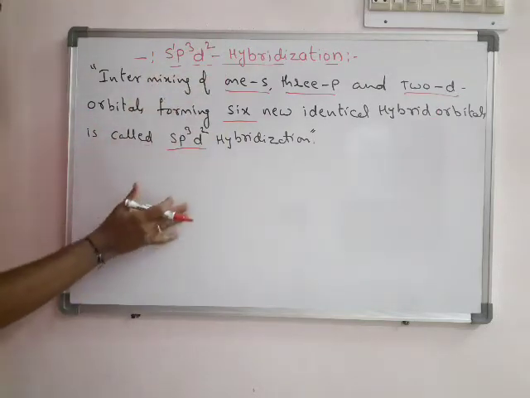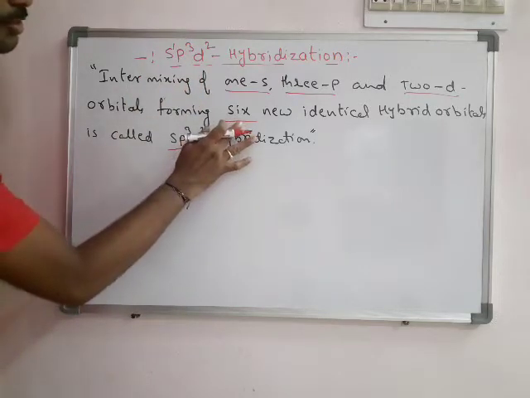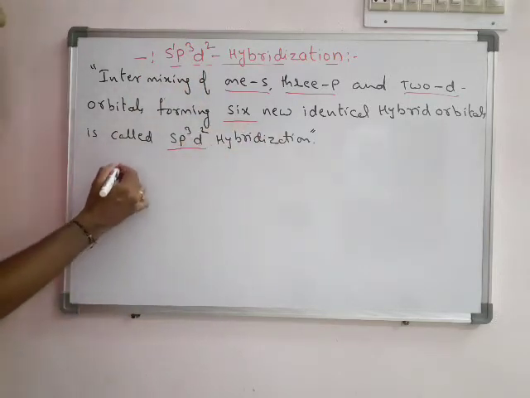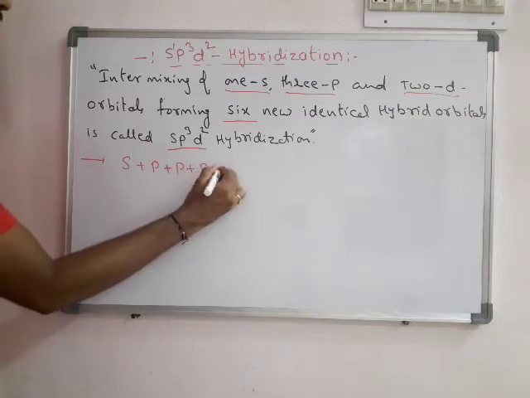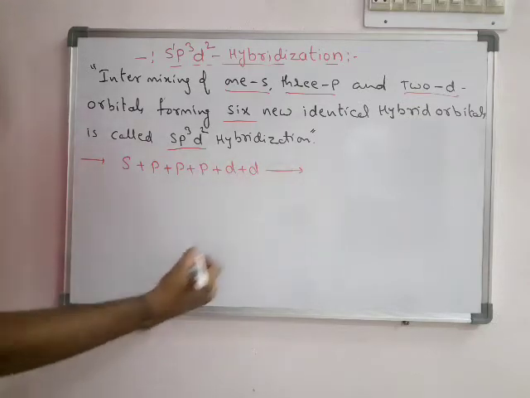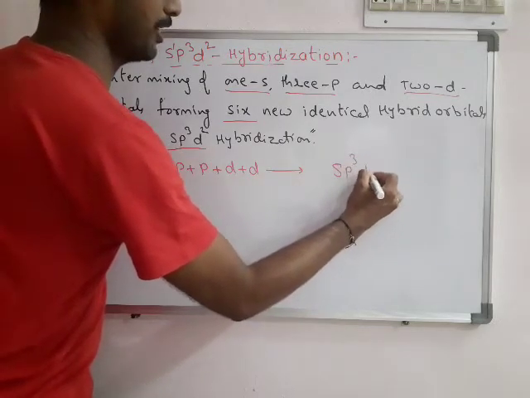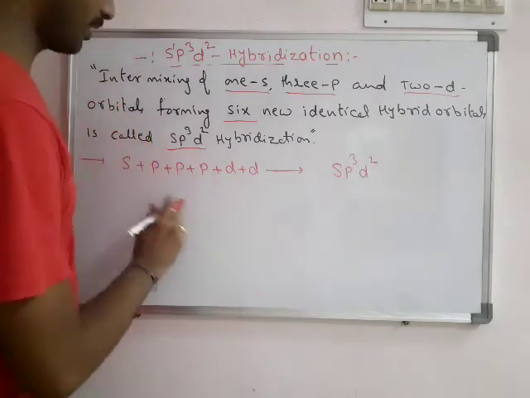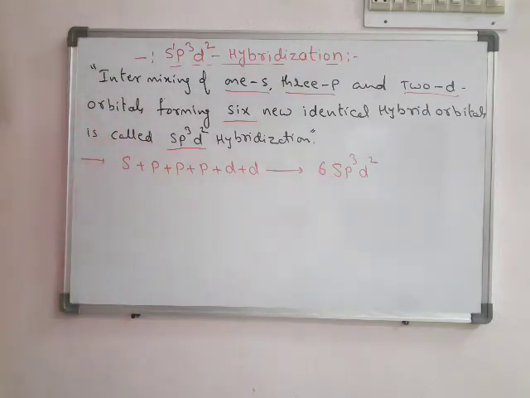So 1, 3, 2, that is 6 participated and the new 6 are formed. We can represent it like this: 1 s orbital, 3 p orbitals, 2 d orbitals forming sp3d2. 6 sp3d2 hybrid orbitals are formed.